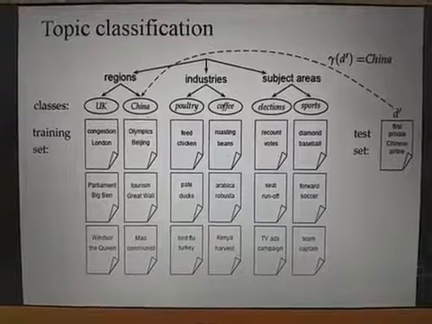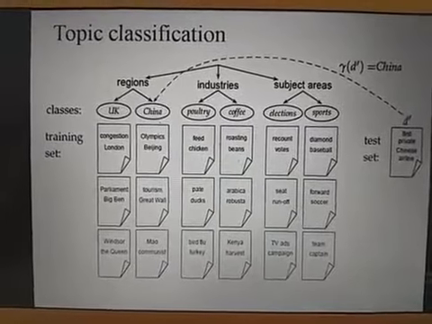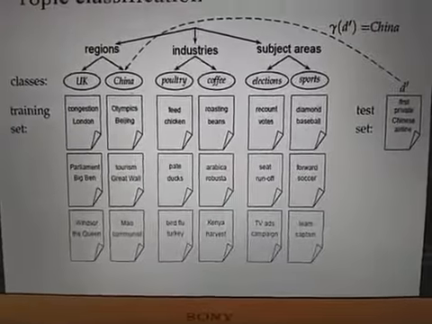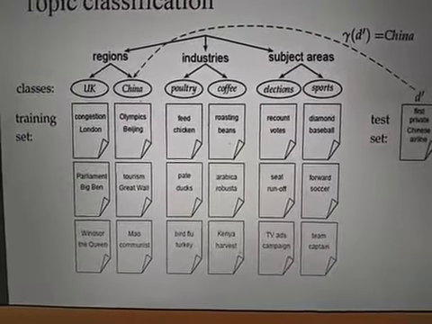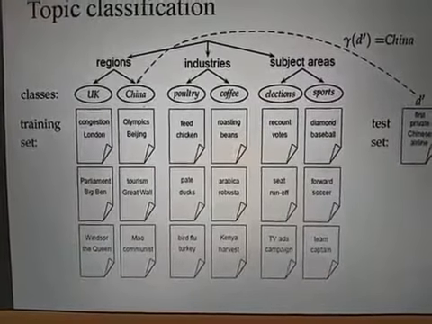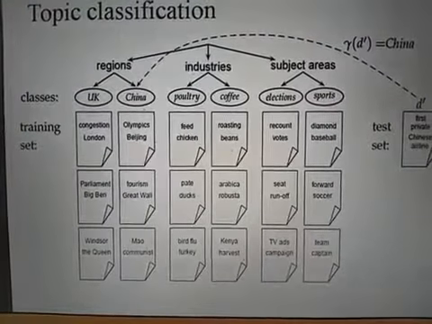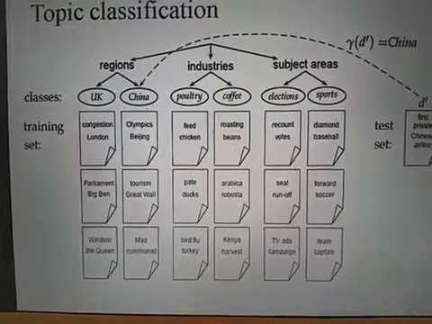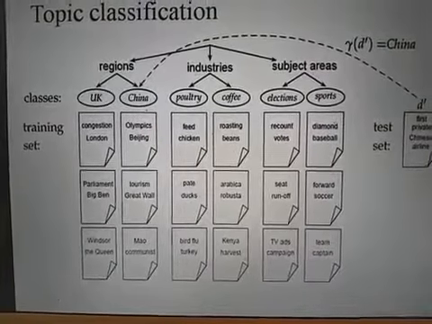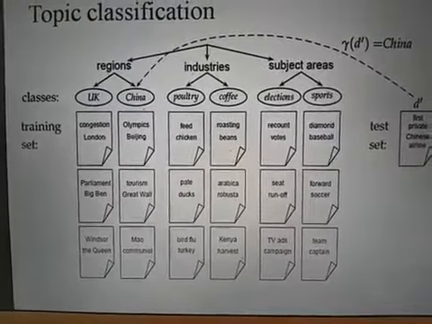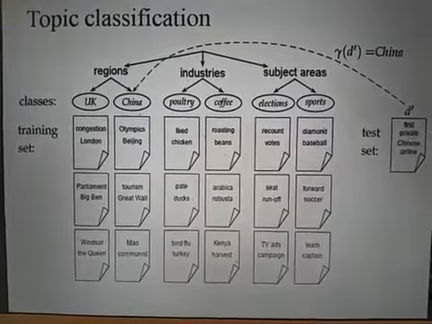Under each class there is a training set, and this training set contains some mnemonic words, that is congestion, London, Parliament, Big Ben, Windsor, Queen under the UK class, and similarly under the China class: Olympics, Beijing, tourism, Great Wall. That means the lower terms belong to that particular category above.